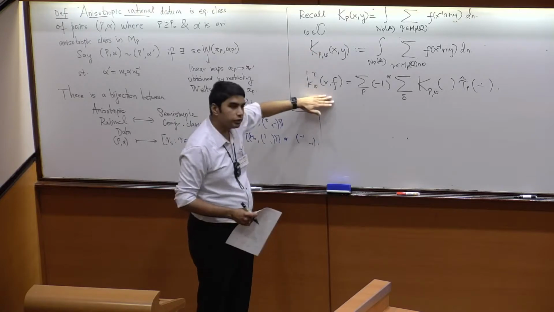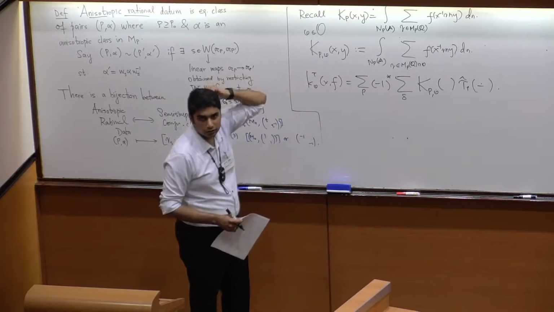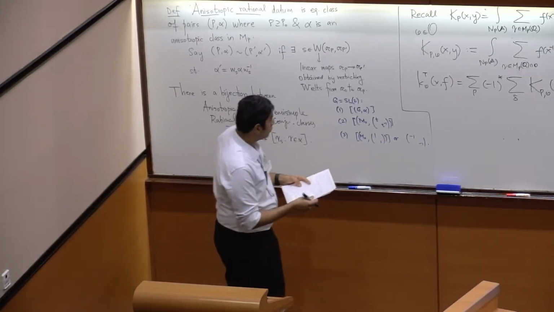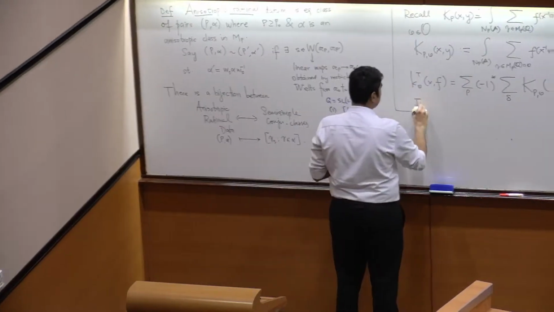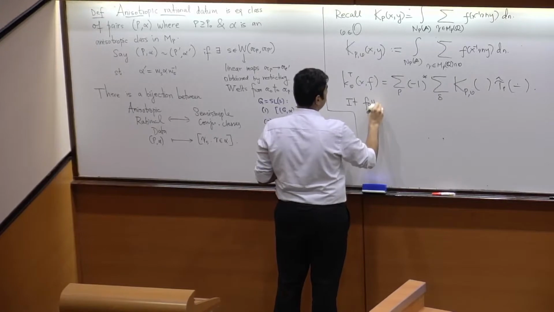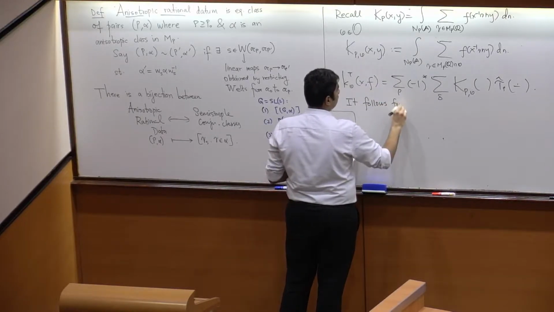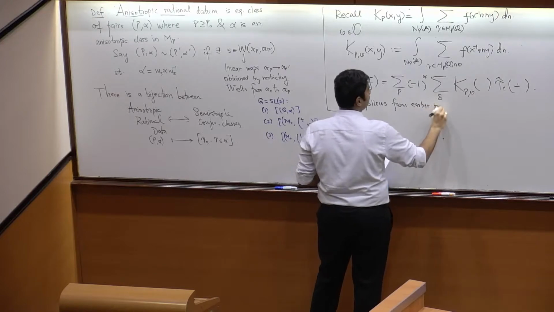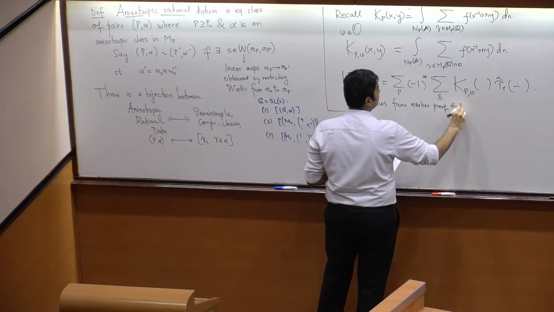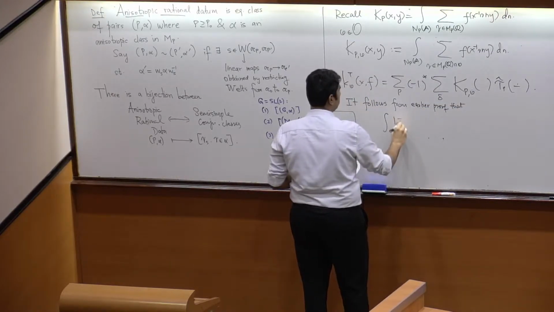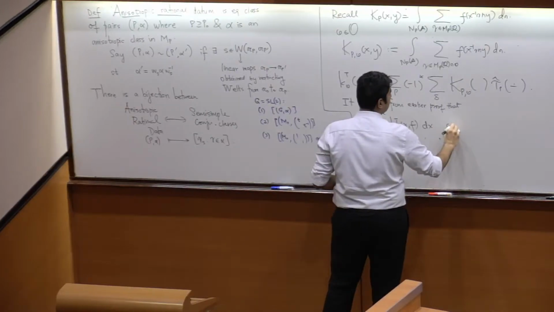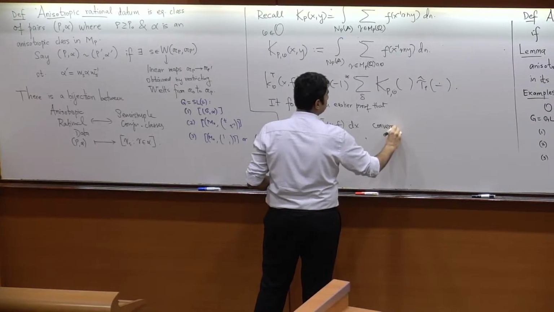He just does it for these classes and gets done with it. Okay, so it follows from the earlier proof that the integral of KTOXF dx converges absolutely.